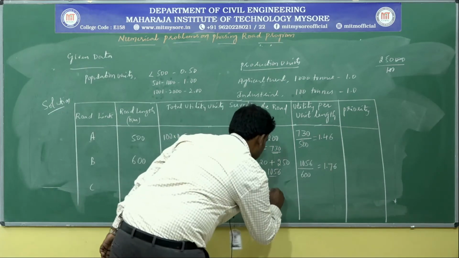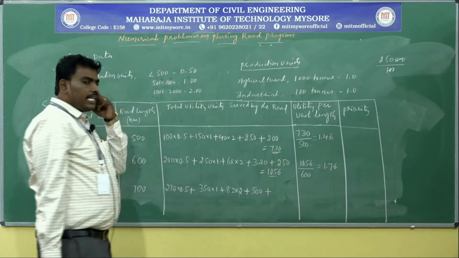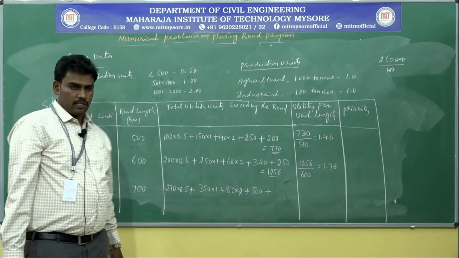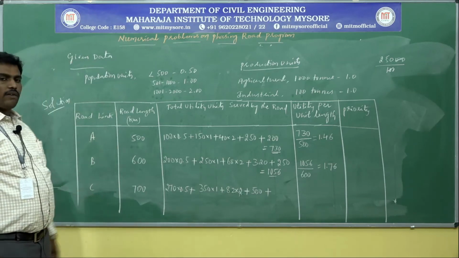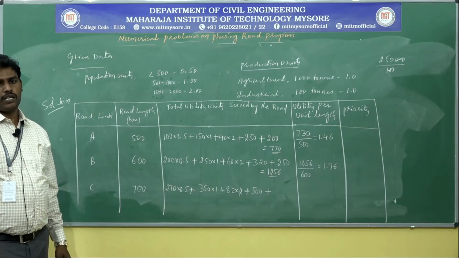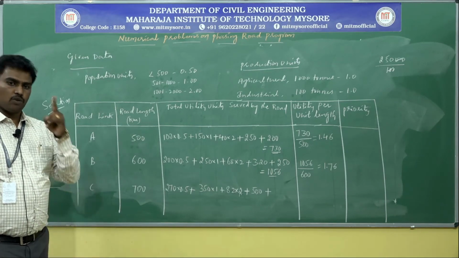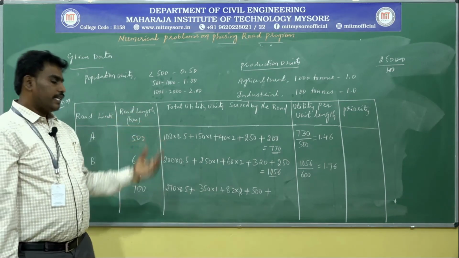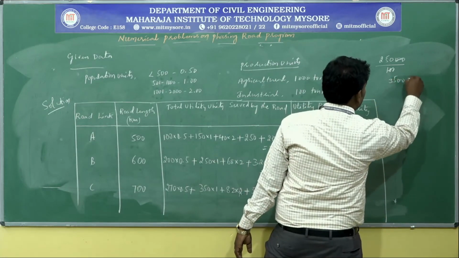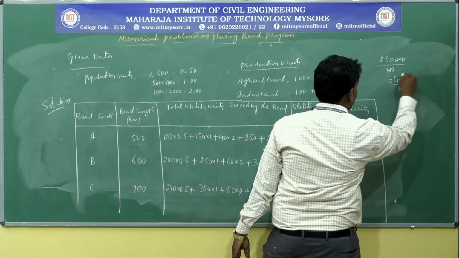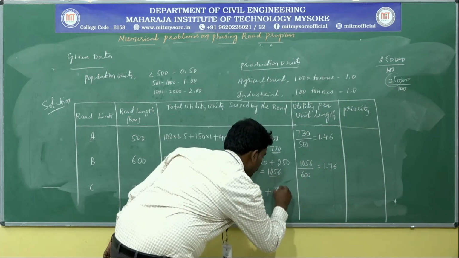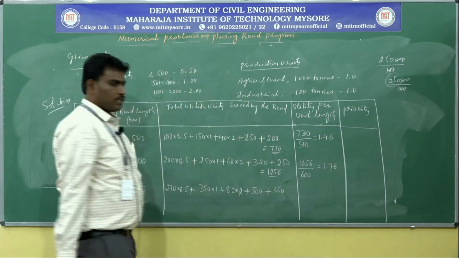Next, industrial products: 35,000 tons, at 1 unit per 100 tons, so 35,000 divided by 100 gives 350 units for industrial products.